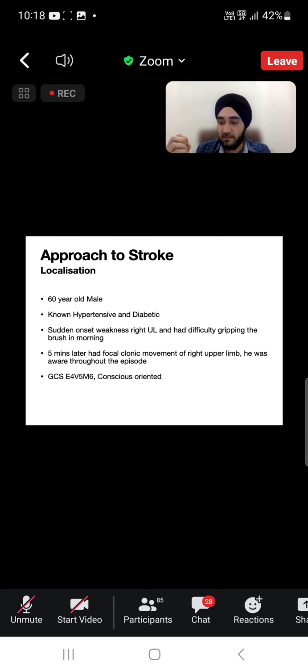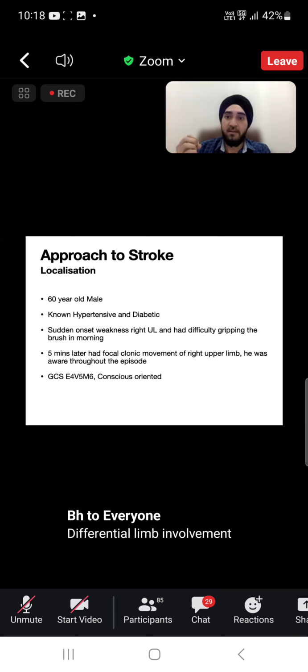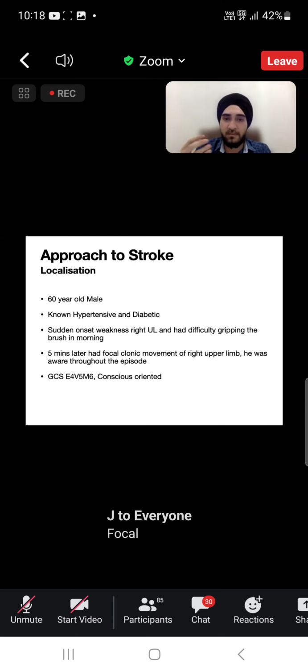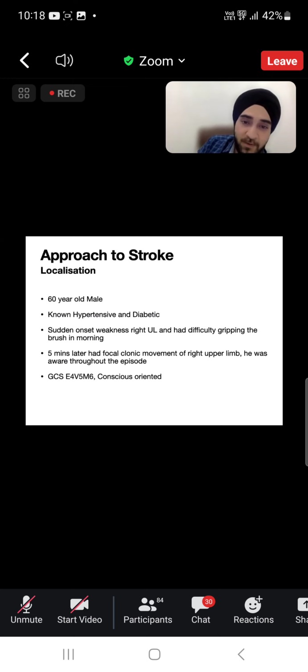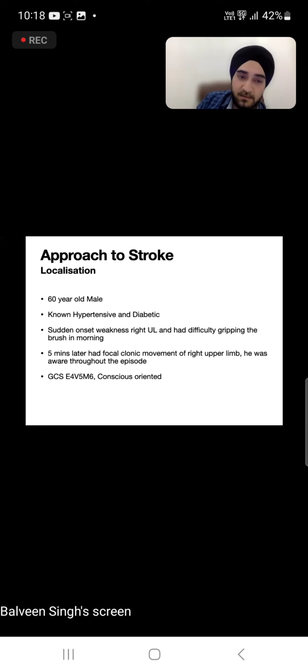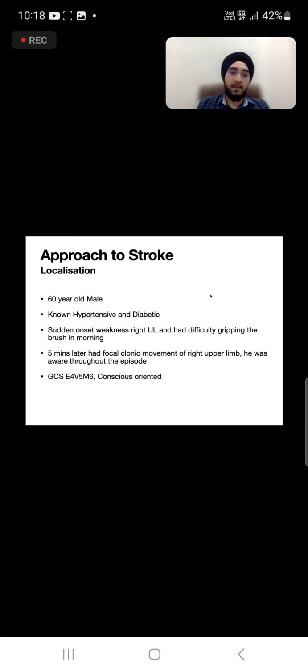Whenever you have focal motor seizures or focal sensory seizures, they always favor a cortical localization. Differential limb involvement is a good term that you have learned today. A differential limb involvement or a monoparesis will present like this. So things are easy. This is a simple cortical stroke.